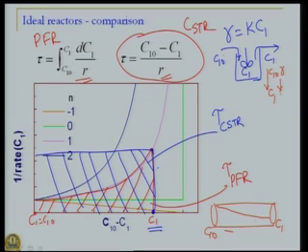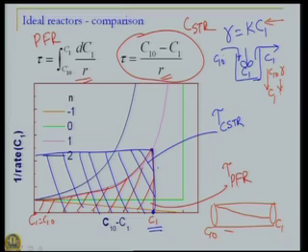And therefore, now you can imagine, if rates of reaction are higher in a plug flow reactor, the corresponding residence time would be lower, because reaction rates are higher, it would take lower residence time to achieve the same degree of conversion. Hence, for a first order reaction, the plug flow reactor is better than the stirred tank reactor.